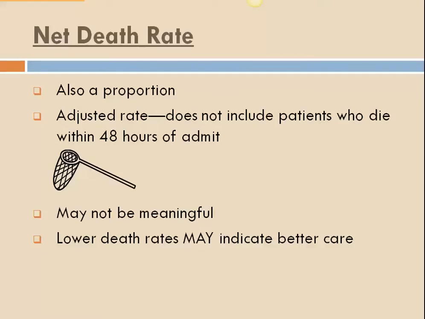The reason for this is that at one time it was believed that 48 hours was not enough time for a hospital or a facility to truly make a difference or change the condition of the patient significantly within that 48 hours. And so it was a way of not holding those deaths against the hospital.